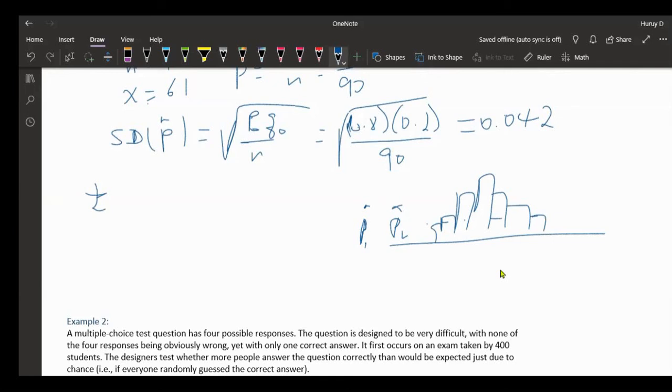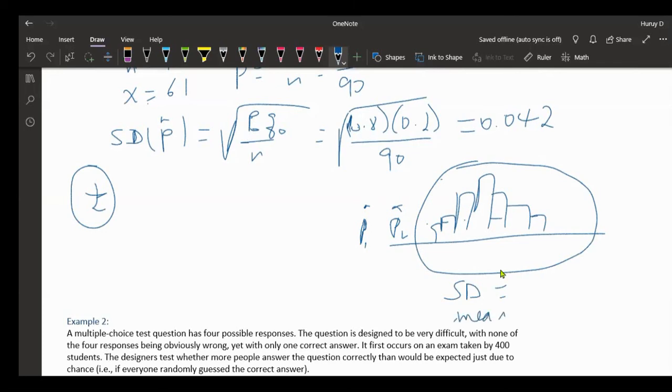So that's why we are using the z-table. And of course, when it is normal, we need to know the standard deviation and the mean of these p hats. The mean of p hats is p itself, whatever the population proportion was.